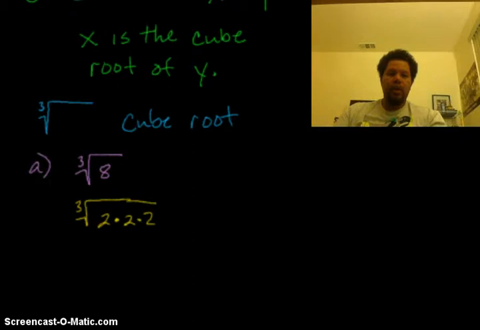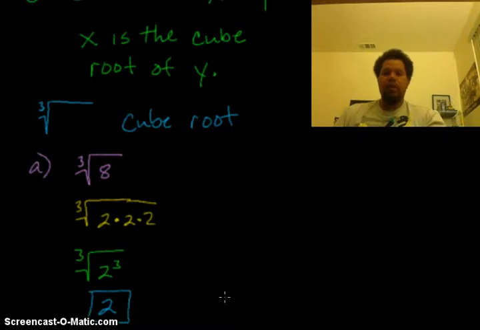Therefore, we get the cube root of 2 cubed, which is 2, because we have a cube root and a cube, which are inverses of each other, leaving us with just 2.